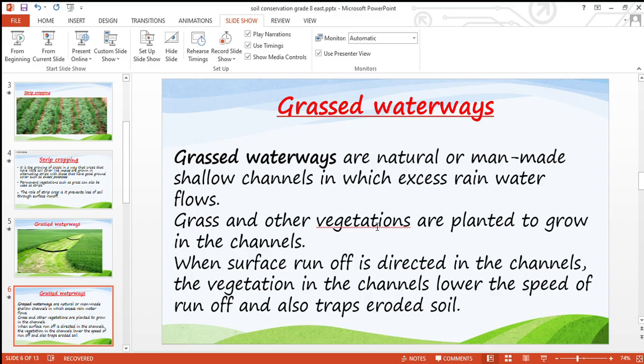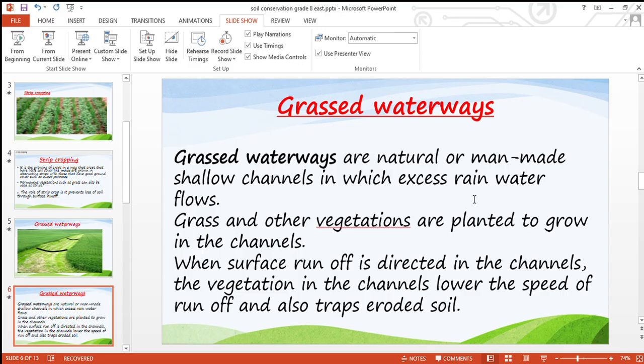The vegetation will lower the speed of the surface runoff and also trap eroded soil. So the key thing of planting grassways is to lower the speed of surface runoff and also trap eroded soil. Are we together up to there? Yes. Now that is all about grassed waterway.